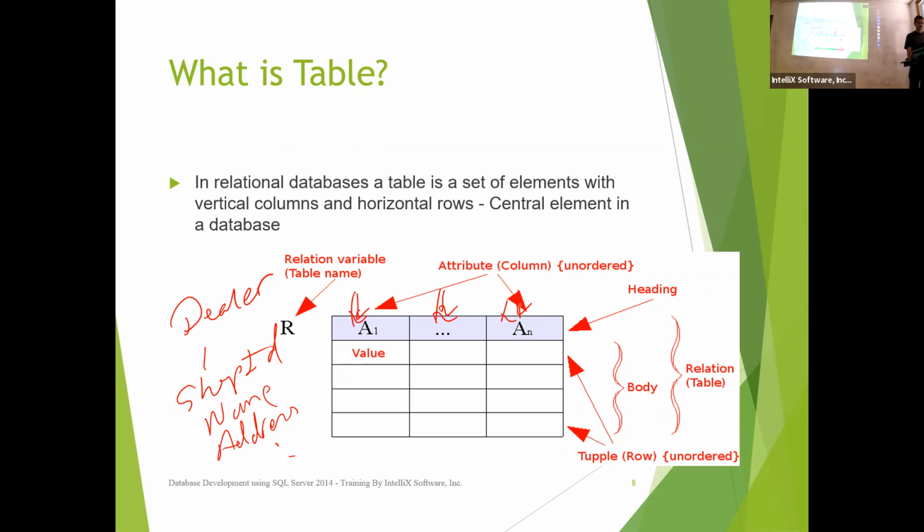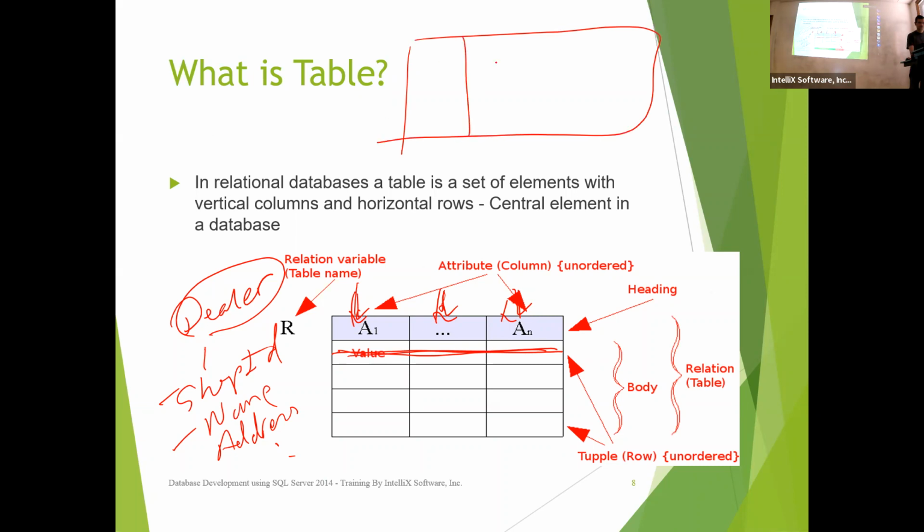So we create the database structure with individual columns, which store shop ID, name, address, and all those things. Now, when we actually input the values, this becomes our record. So let me just put it here. Think of this as our table. This is shop ID. This is the name field. This is address.